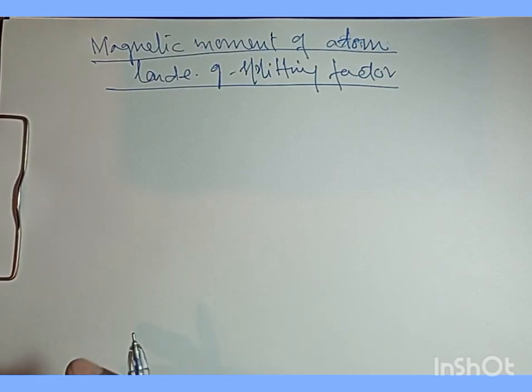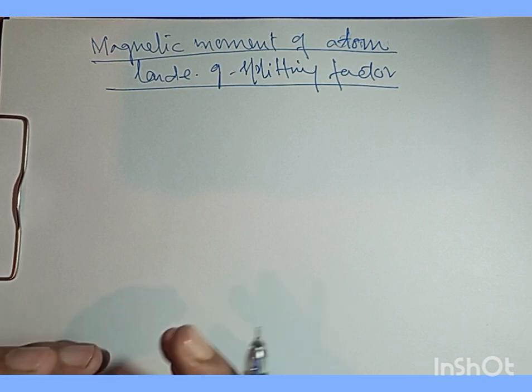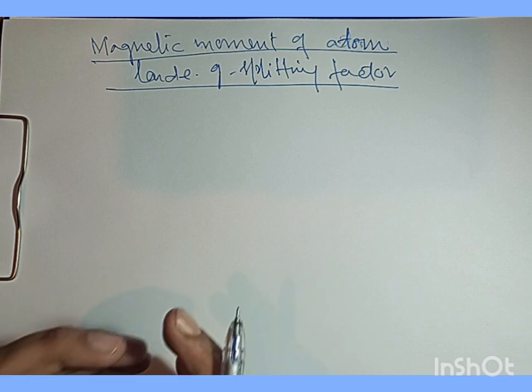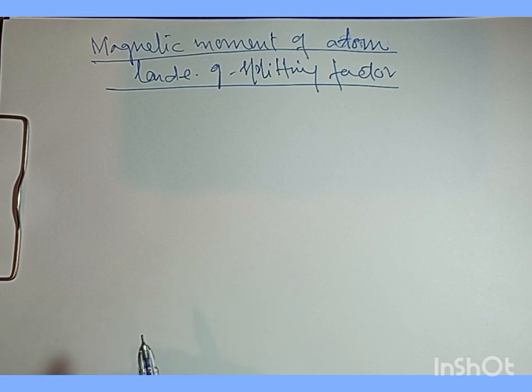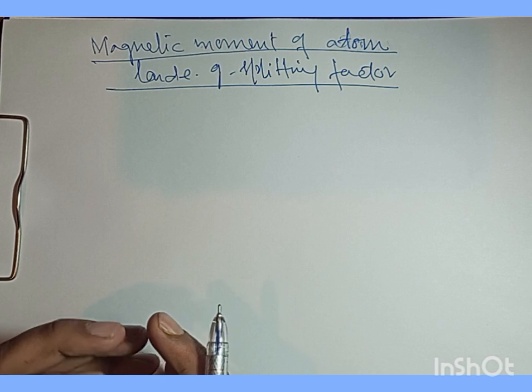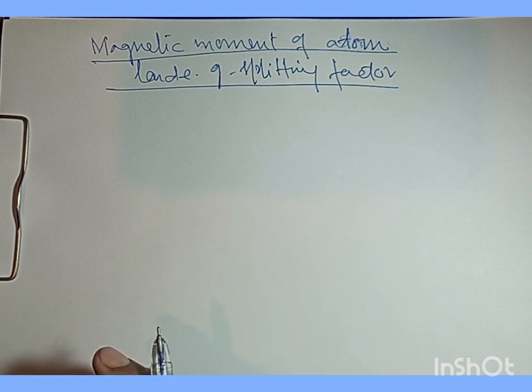In this video, I'll be talking about the derivation of the Landé splitting factor. We are talking about the magnetic moment of atoms whose valency is one, who have one electron in their outermost shell.